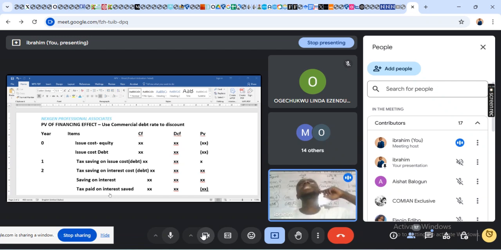If they say 10% below the commercial rate of 30%, that is 20%. Now, the government is trying to subsidize it at 20%, and the commercial rate is 30%. Is that not so? So you use the commercial rate to do what? To discount the product, because it's the source of finance.